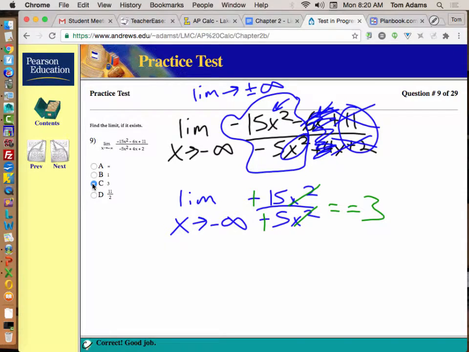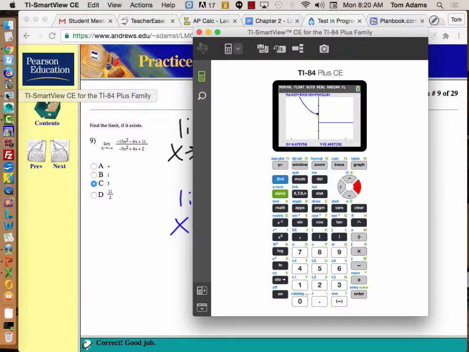What just happened? Calculus. So pretty much you take the big one, factor it. If you say, Mr. Adams, come on, this is some sort of wizardry.